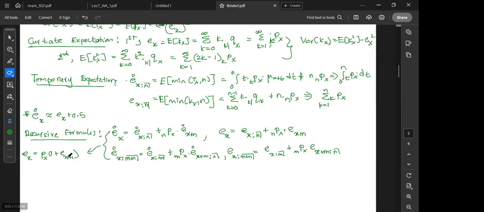Now the age is x plus 1. If I know the survival probability for 1 more year, then I don't need to calculate the expectation for x plus 1 years by taking the long summation. I can just use the recursive formula and get this value easily. That is defined for current expectation.